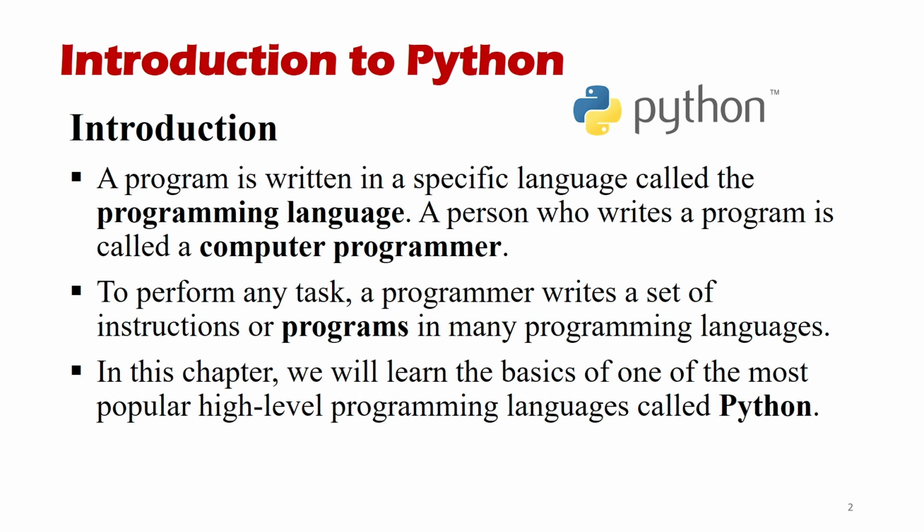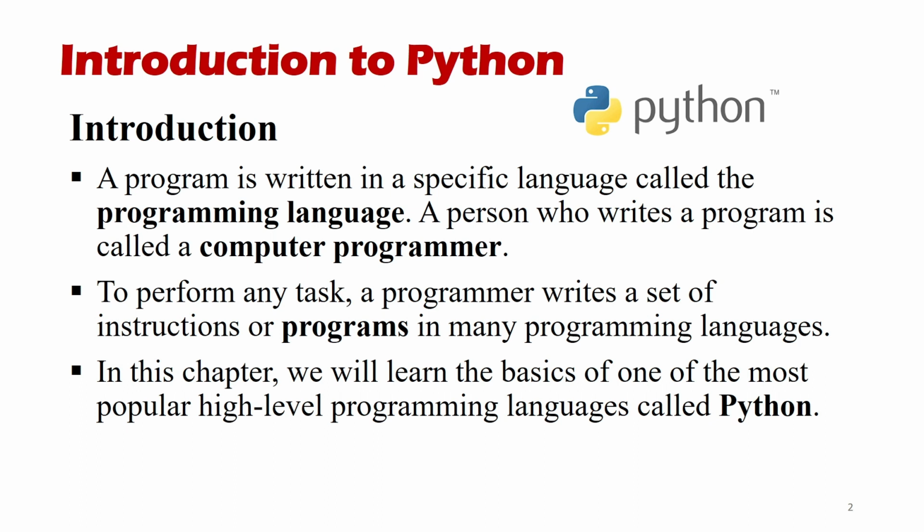A program is written in a specific language called a programming language. A person who writes a program is called a computer programmer. To perform any task, a programmer writes a set of instructions, or programs, in many programming languages.